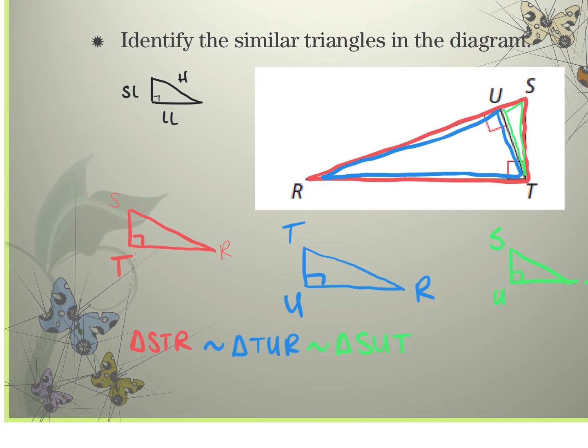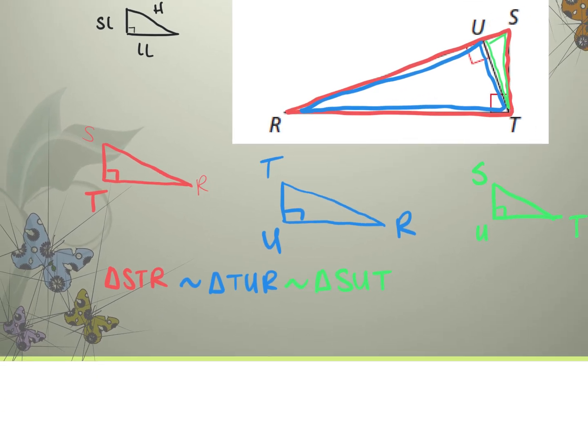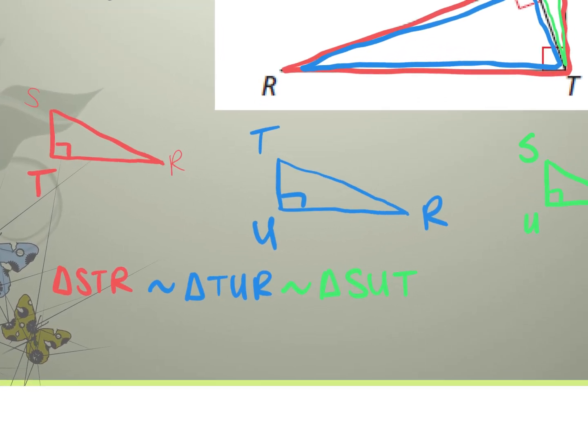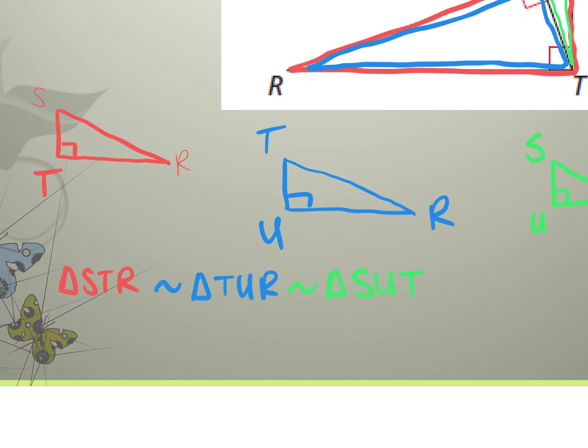Very good. All right, I'm going to challenge you guys. Someone else come up with, also it needs to be an accurate similarity statement, but with the order it needs to be different. Go ahead, Christian. Triangle TUS is similar to RUT, and that one is similar to RTS.